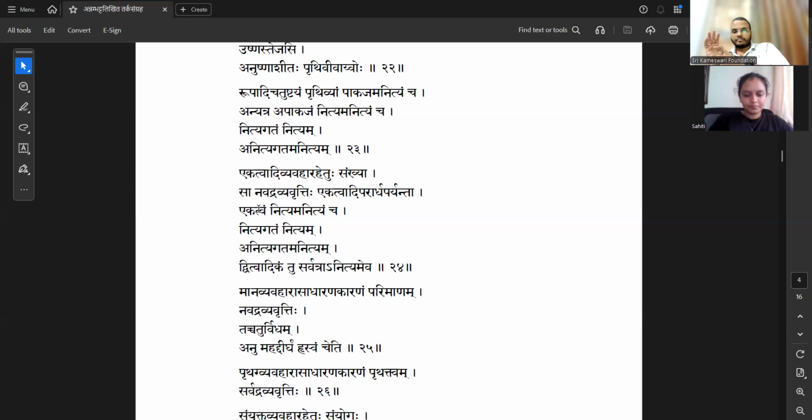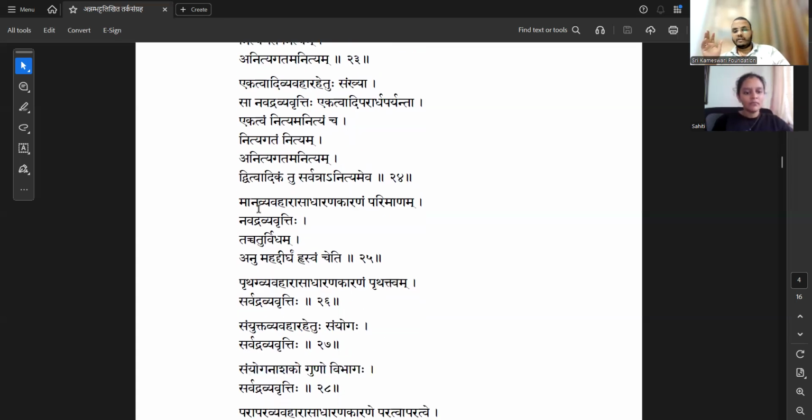Broadly, this is of 4 types: Anu, Mahat, Dirgham, and Hrasvam. Anu means small, Mahat means big, Dirgham means tall, and Hrasvam means short. There are other kinds of measurements also, but they will all be considered among these four only, right? This is the broader classification, not a very detailed one.